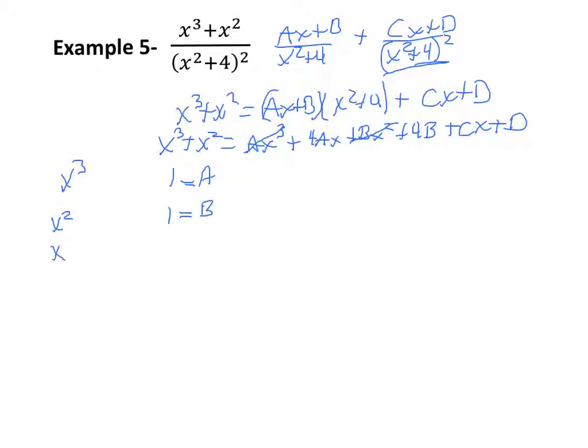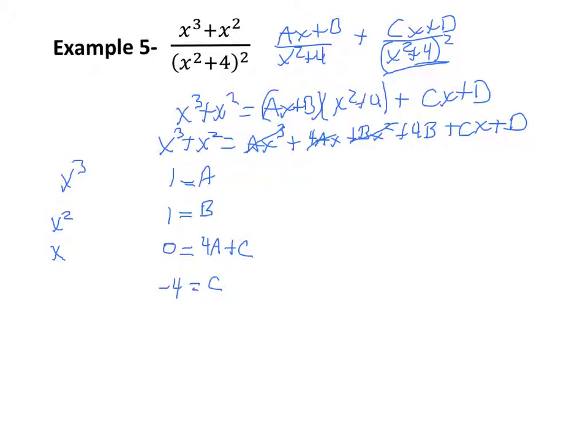On the left side, ain't nothing. Okay, now on the right side, I have 4a plus c. Correct. Well, what is a? A is 1, so what does that make c then here? C is negative 4. Do you have to keep going? Oh, wait.